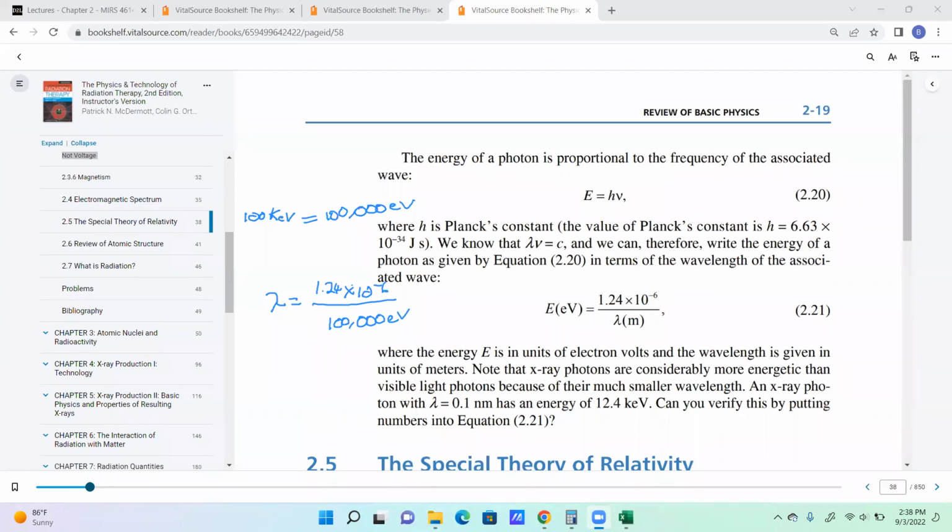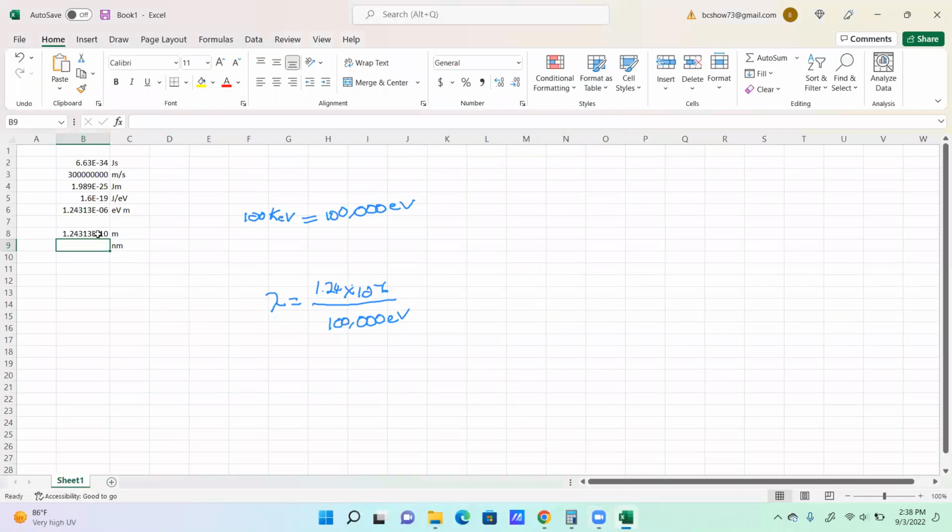So to do that, that should actually be 1.24 times 10 to the 6. So that's what I end up with.